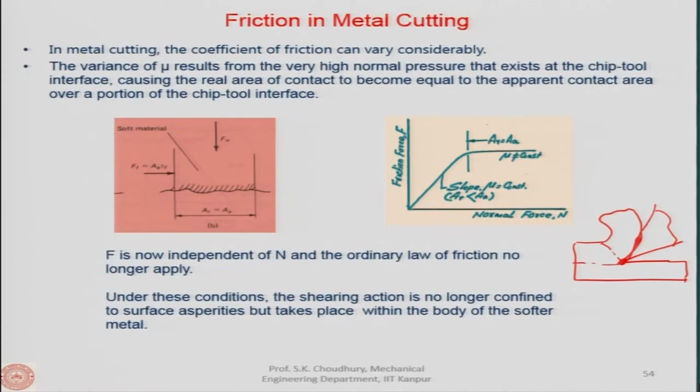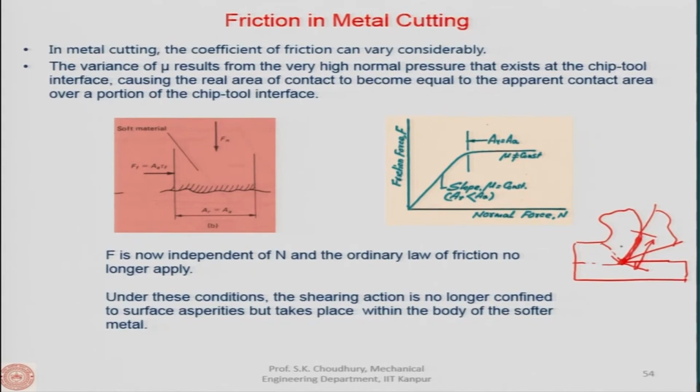This very high normal pressure causes the real area of contact to become equal to the apparent area of contact over a portion of the chip tool interface, meaning that if this is the chip tool interface length, the normal pressure is maximum here, but it decreases as you go up along the contact length of the tool and the chip.